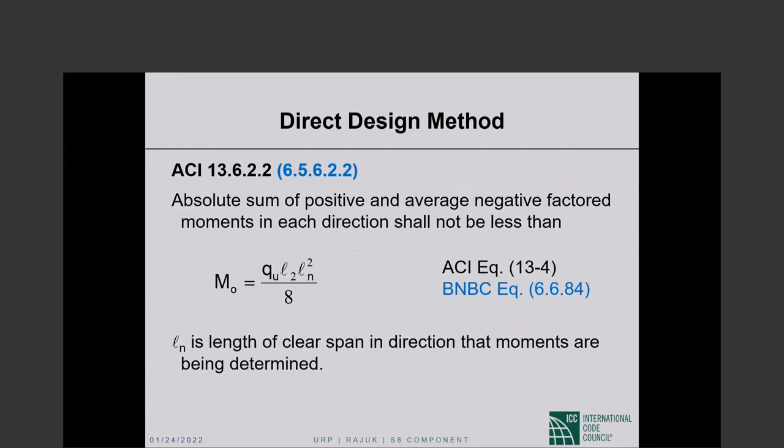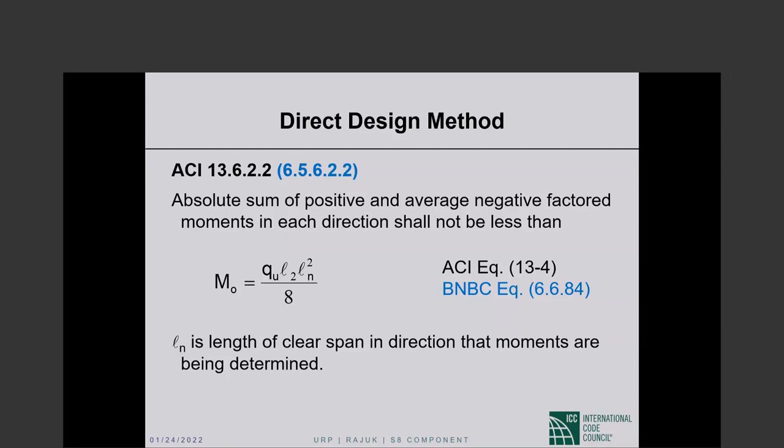So load on the slab, you multiply that by L sub 2, you get slab load in pounds per linear foot in our units. And then L sub n squared, the clear span in the direction of analysis squared by 8.